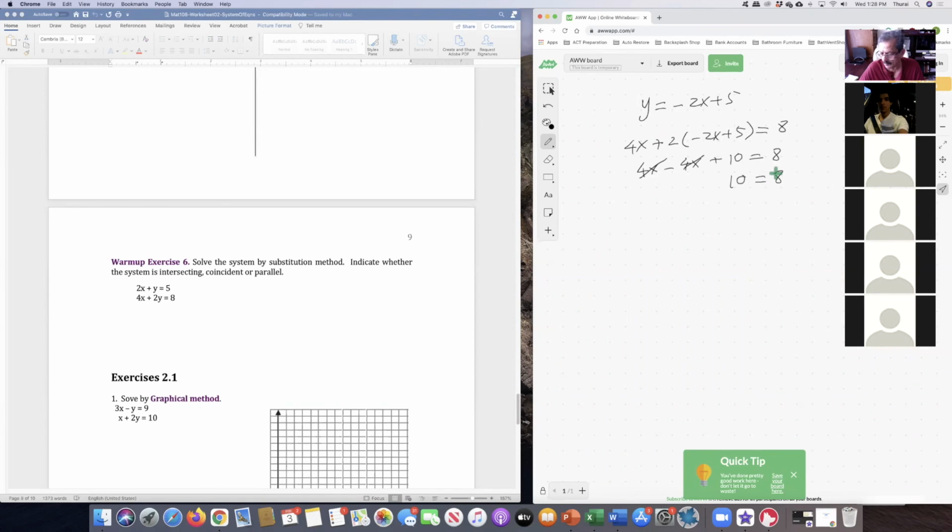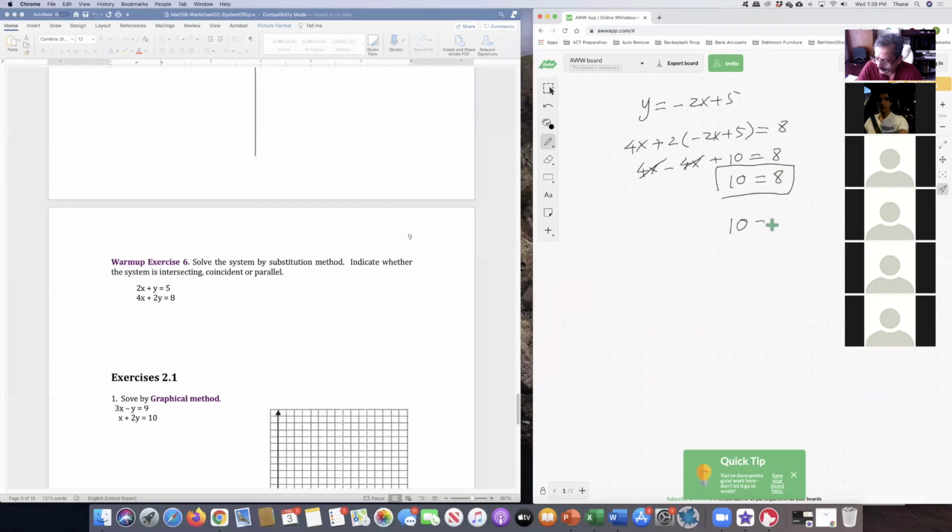It means no solution, so inconsistent. Right, no solution. The system is inconsistent. Remember, when you try to solve by any method, if you end up with an invalid equation and not getting any value for x or y, that means the system is inconsistent, no solution. If it is a coincident system, then you will not end up with an invalid equation like this.